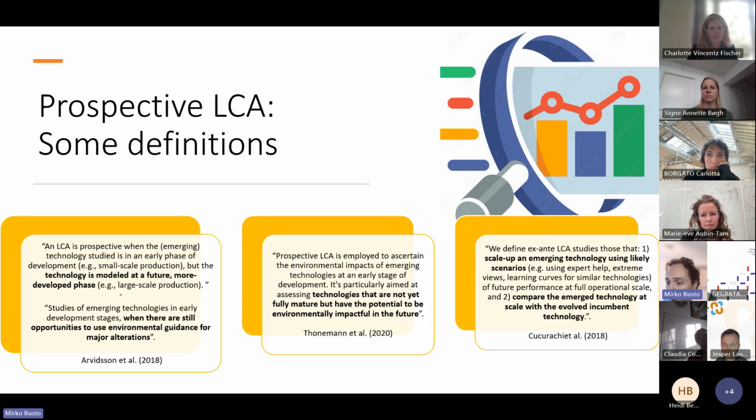Why is it so? Because if we are doing some kind of comparison, we are comparing something that is not developed yet with something that is already in the market.